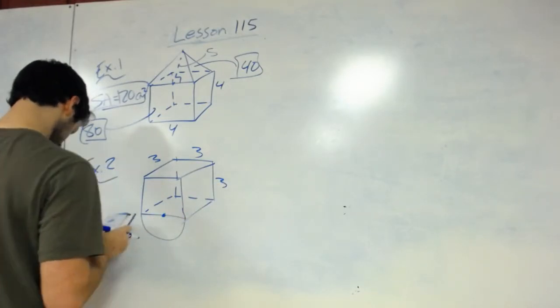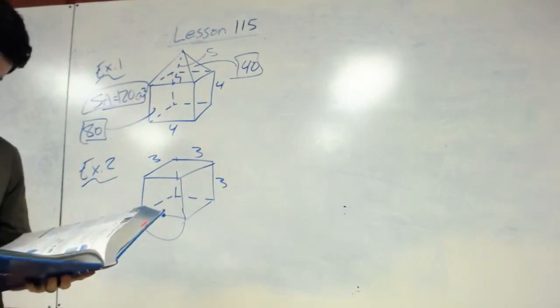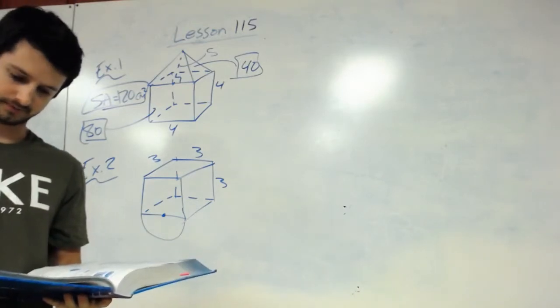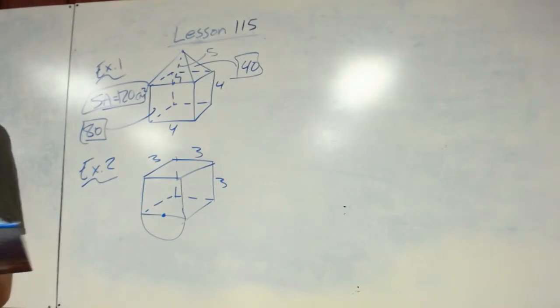Oh, okay. Find the volume of the solid. Assume the prism and cylinders at the right are right, and that the bottom is exactly half of a cylinder. Round to the nearest tenth.